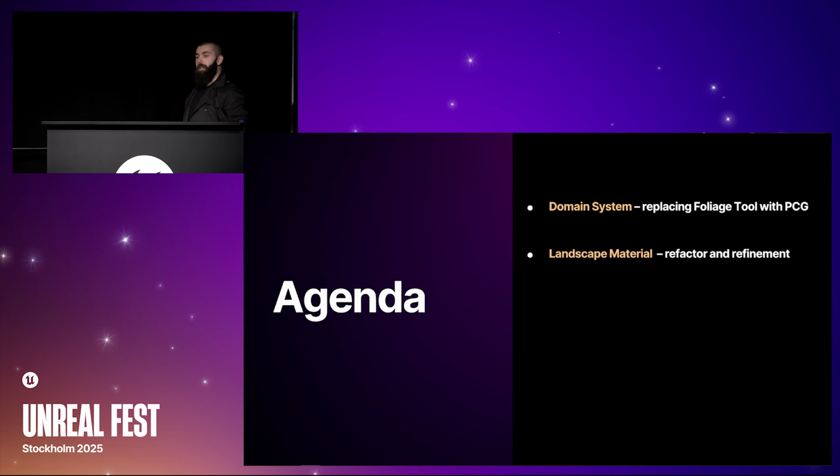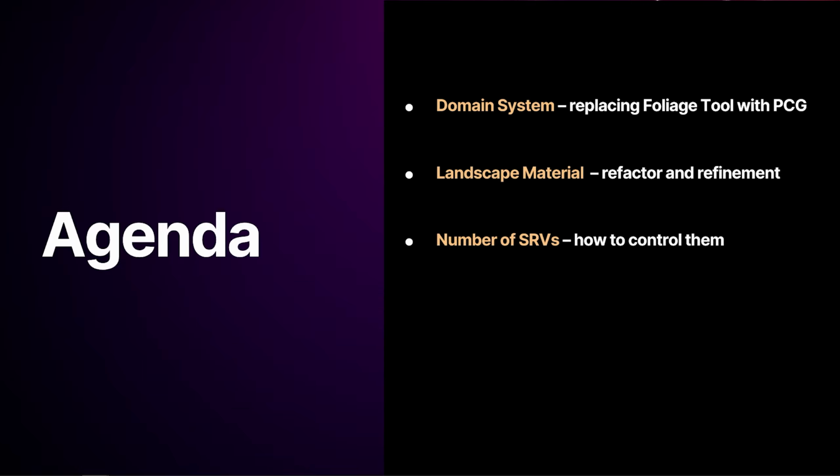Next, I'm going to talk about landscape materials and how we further refactor and refine the usage, and more specifically, how we moved away from Runtime Virtual Textures back to your ordinary streaming virtual textures. Third one will be somewhat of an obscure topic to content designers and technical artists, and that's the number of SRVs, and generally the topic of SRVs themselves, or shader resource views, how to control them, what creates them, and how to diagnose them.